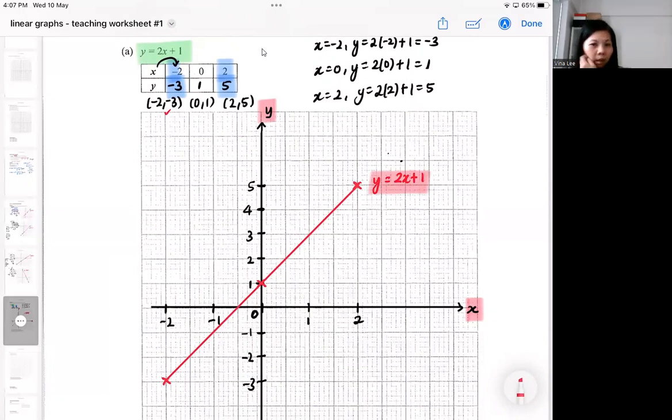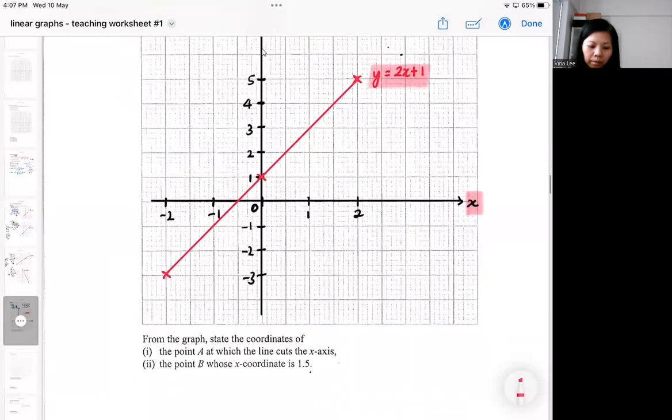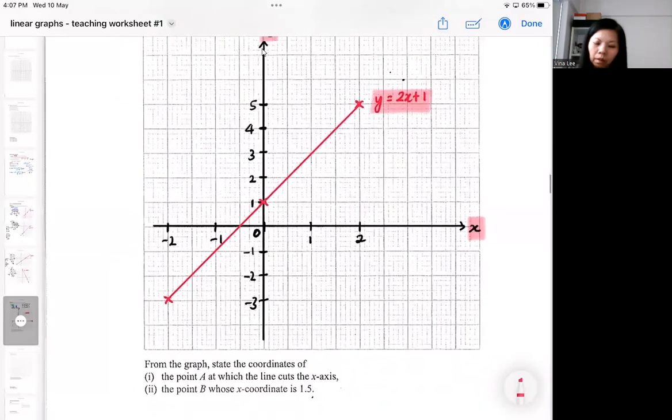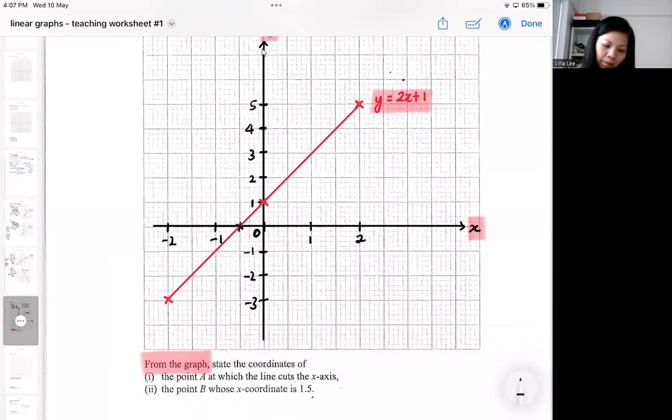So this will be the basic 3 things that I'm going to look for whenever you get to draw a graph. Okay, the next part is where they ask a question. The keyword is "from the graph". That means you will get your answer from the graph. For the first part, take the coordinate of A where the line cuts the x-axis. Can you see the line?